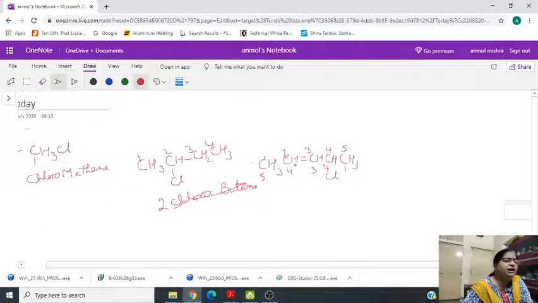Now you will see that for the double bond, from the top end we get 2, and from the lower end we get 3.